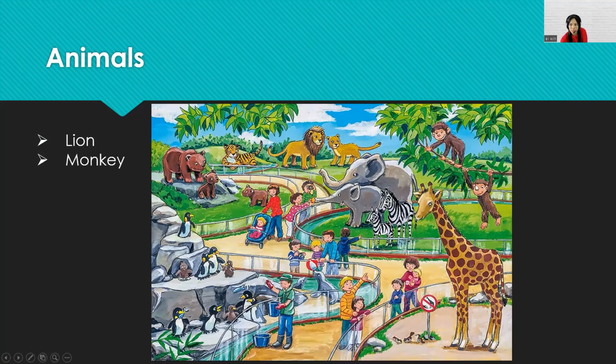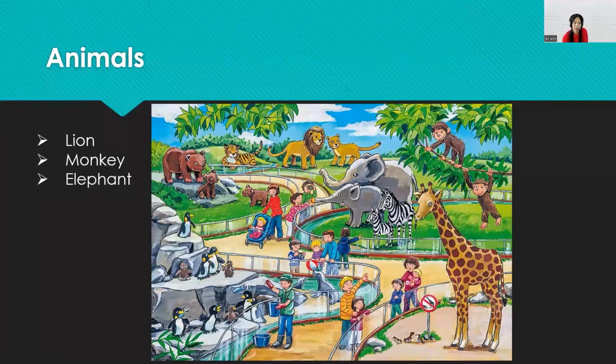So there are two monkeys here in the picture. So next one, elephant. Elephant here. Baby elephant and mother elephant. Here, two elephants. So we can see elephant in the zoo.